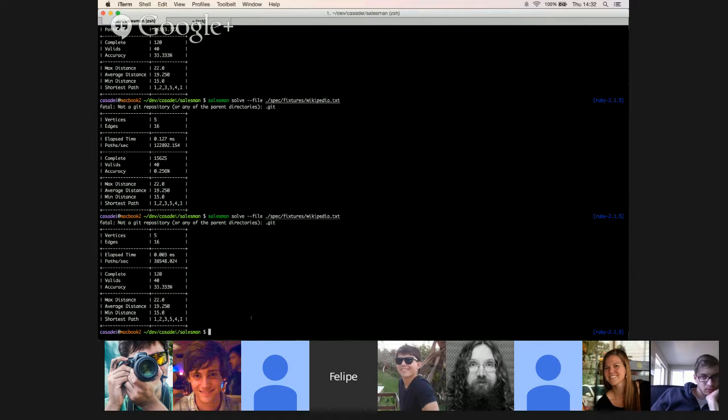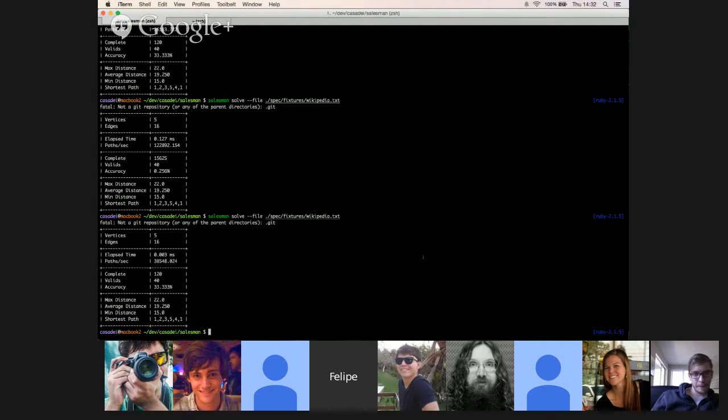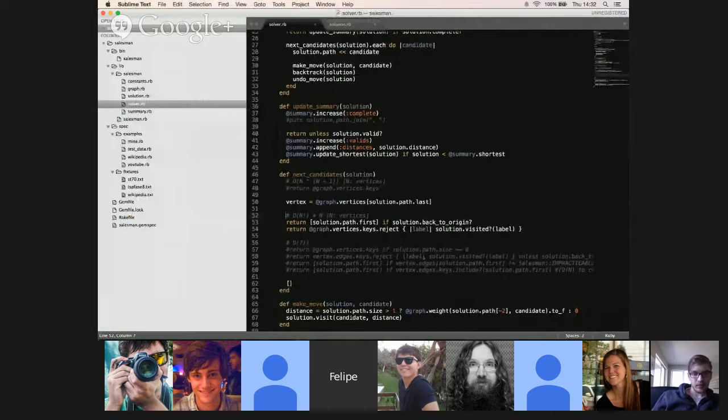And this small improvement, not visiting already visited places or cities, makes the complexity of this algorithm go from exponential to factorial. That's not good. It's still not good, but it's a little better. Let's compare here.